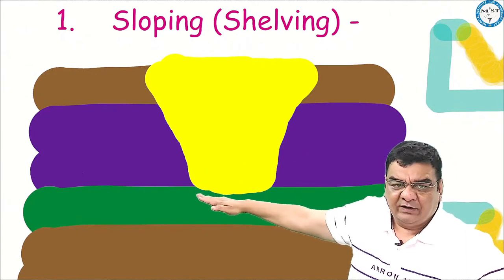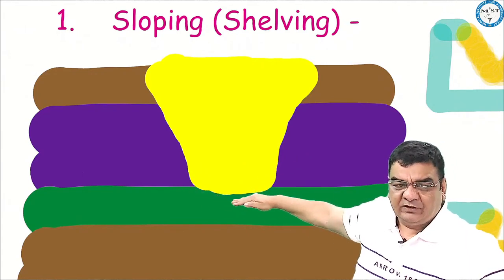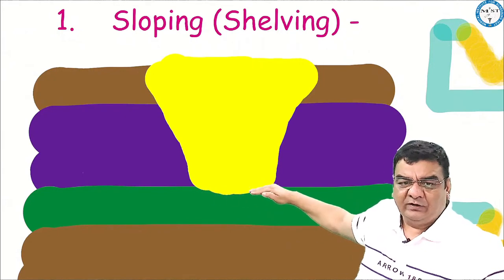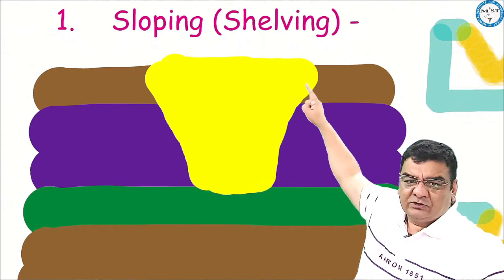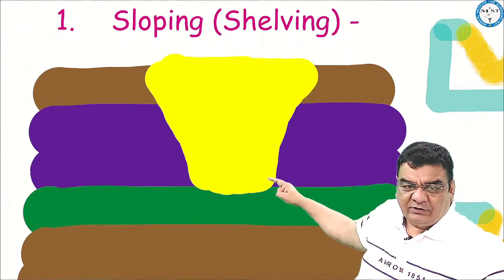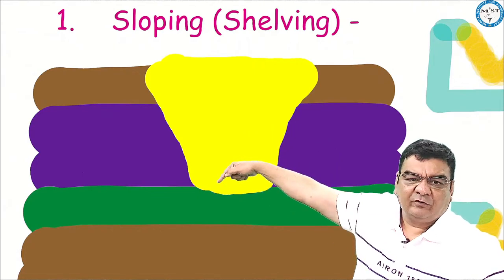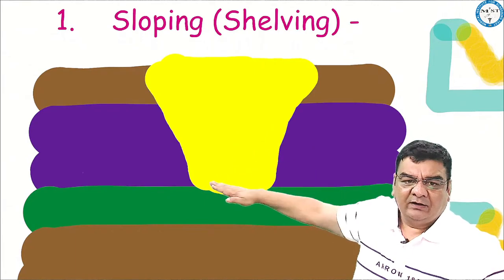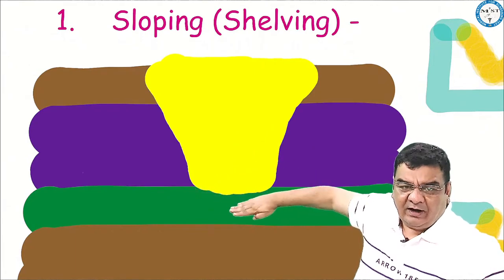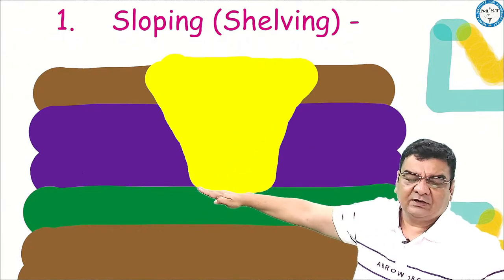And this area where the ulcer is resting is called the base of the ulcer, right? So this is the edge of the ulcer, this from the top is the floor of the ulcer, and the ulcer is resting at the base of the ulcer, okay?